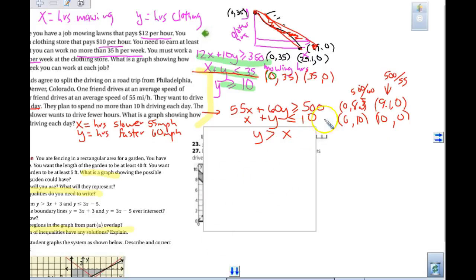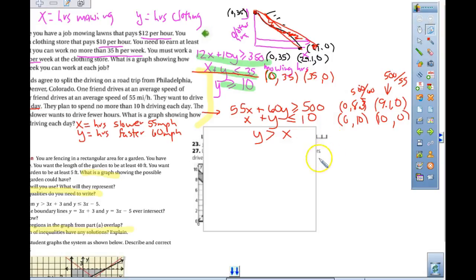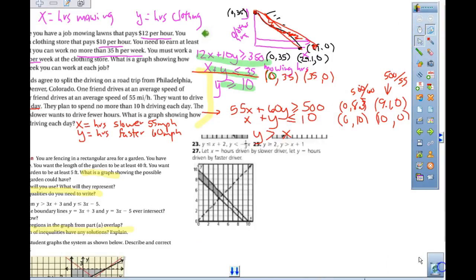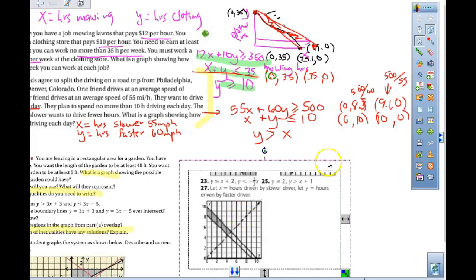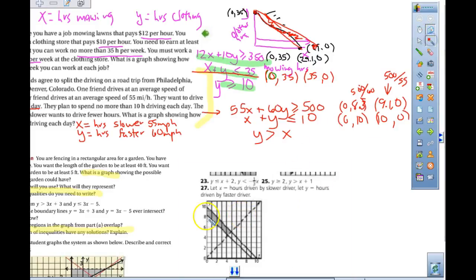So when I look at my graph, I would definitely go up by ones. And as I'm looking at that graph, this is what they were looking at. So if we look at number 27, here was the 0, 10, right? Here was the 10, 0.